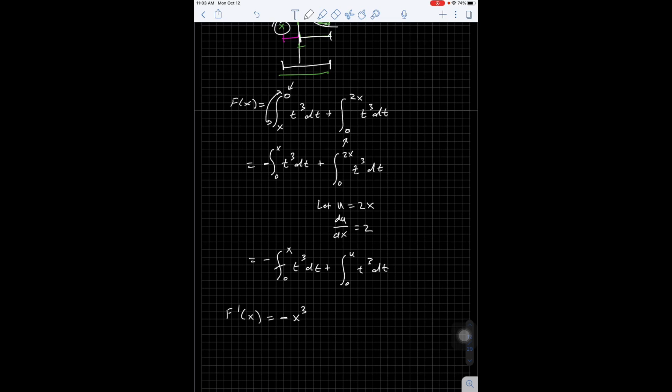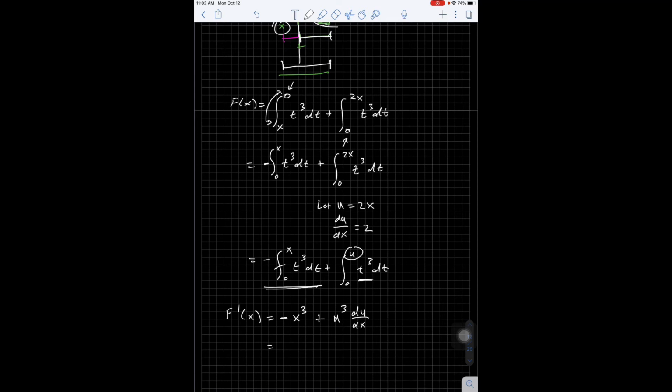Okay, so that means I'm plugging in x times the derivative of the inside function, but the derivative of x is 1. So that's it. That's this guy. Plus, now here, derivative of the outside function stays the same because the derivative cancels with the integral, but I evaluate it at the inside function. So this becomes u cubed times the derivative of the inside function.